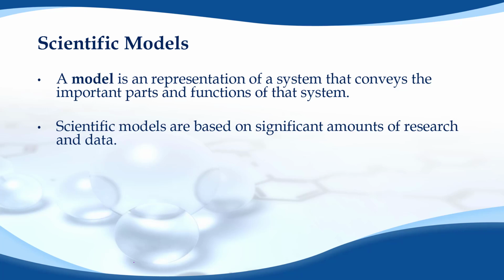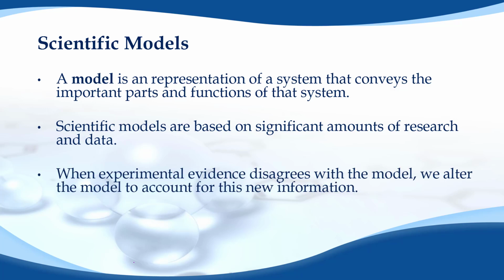Another major point for science is if we discover new evidence that disagrees with the model that we have and we're able to confirm this new evidence, we change the model to take this into account, right? So we will change our model of something based on the information that we have at the time. This is not a bug, it's a feature.